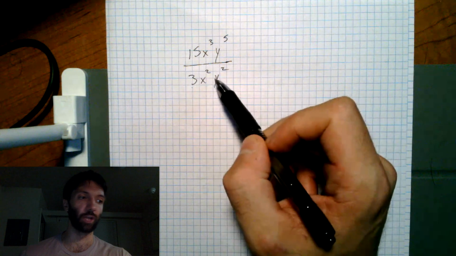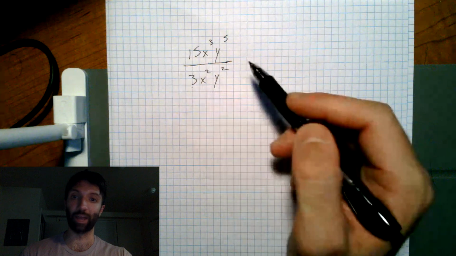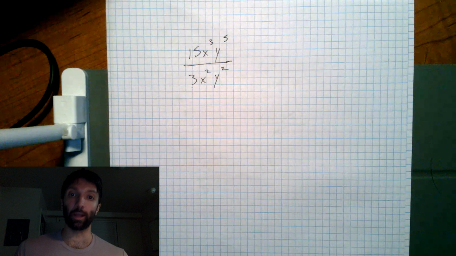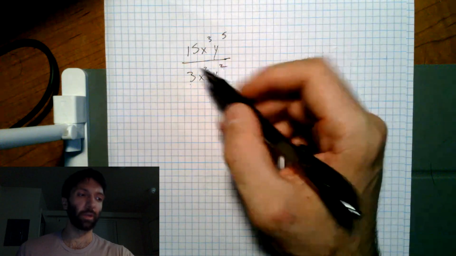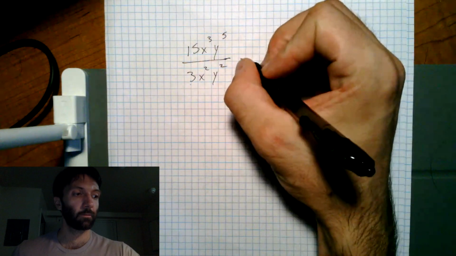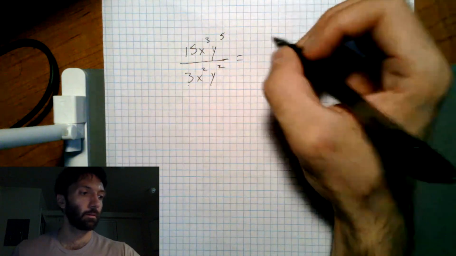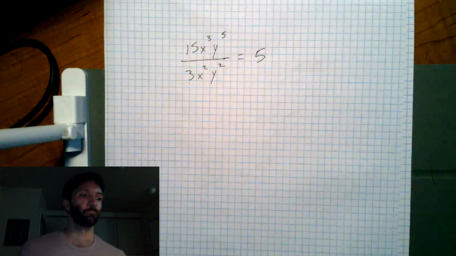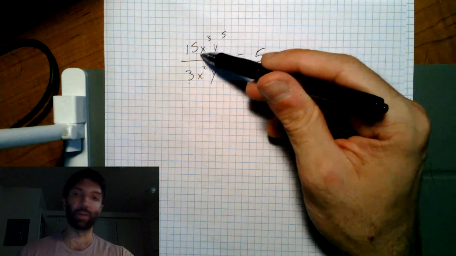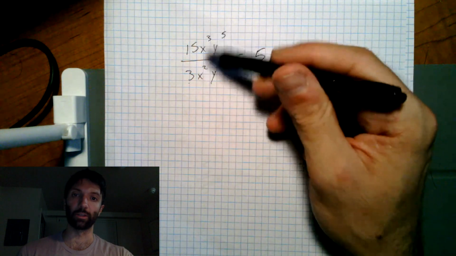So it's just a giant product in the numerator, a product in the denominator, and then we're dividing these two products, right? So we can use our exponent rule for the variables, but then we can also simplify the 15 divided by 3 as well. And so 15 divided by 3 is just 5, right? And now we can use our exponent rule for the like bases. So if I have x to the 3rd and I see an x to the 2nd in the bottom, I know that 2 of those x's are going to cancel.